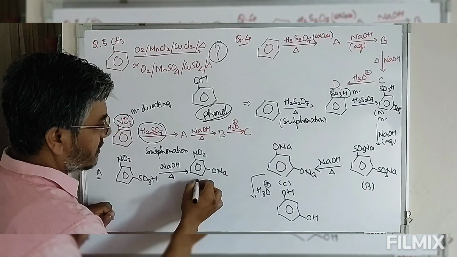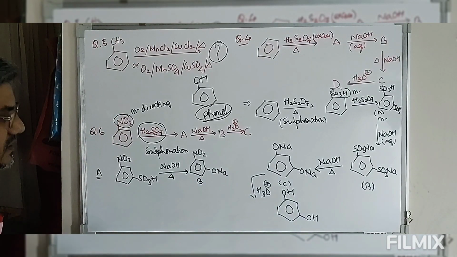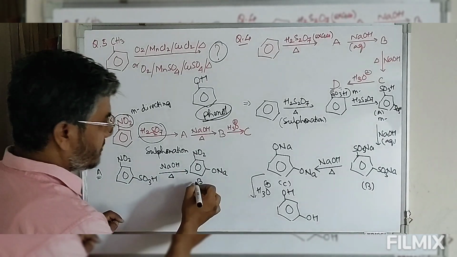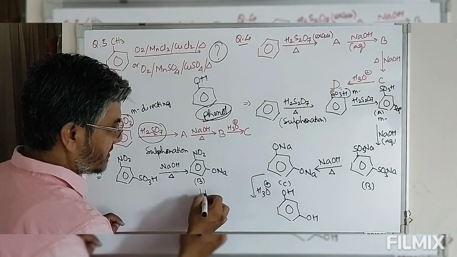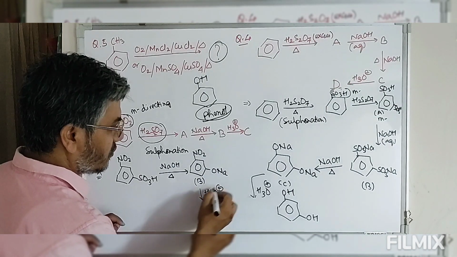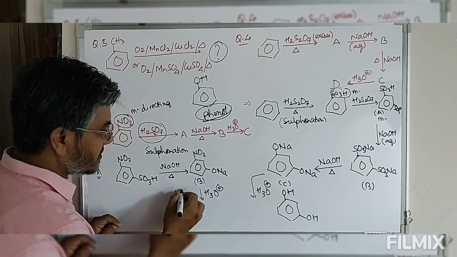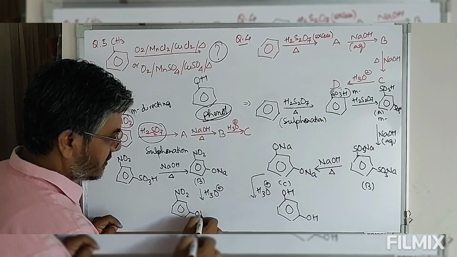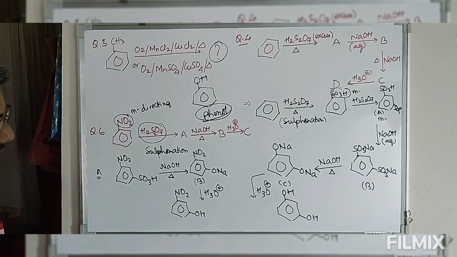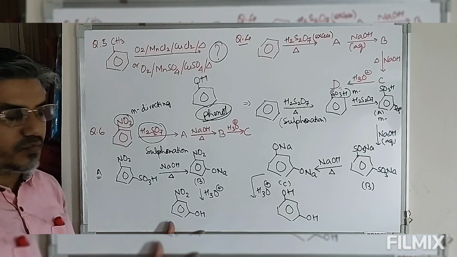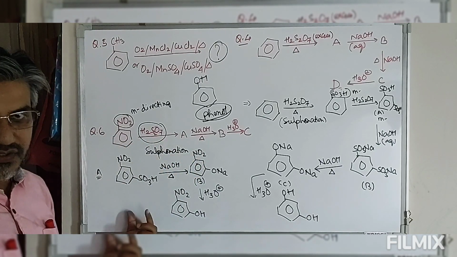So this is compound B. So compound B is sodium salt of phenol. So sodium salt of phenol on acidification gives you phenol. So these are nothing but the methods of preparation of phenol from sulfonic acid. So we have this 3-nitrophenol is the final product by this sequence of reaction.